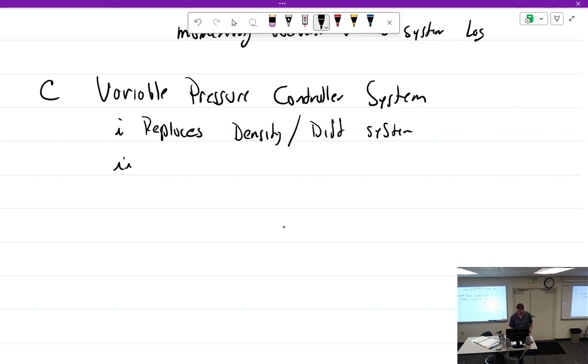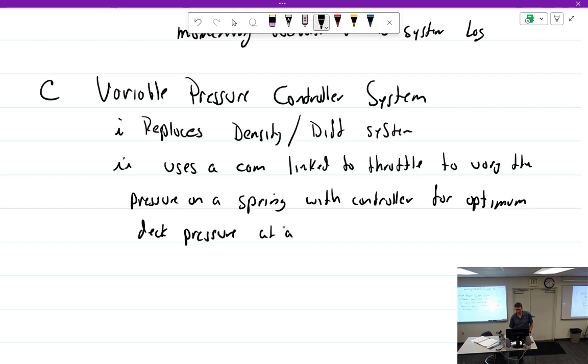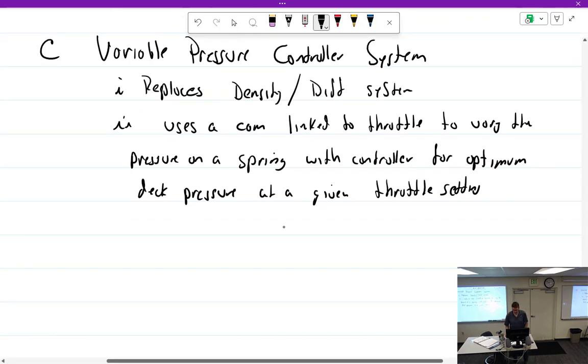It uses a cam linked to the throttle to vary the pressure on a spring within the controller for optimum deck pressure at a given throttle setting. Good with that? Yep. Okay.